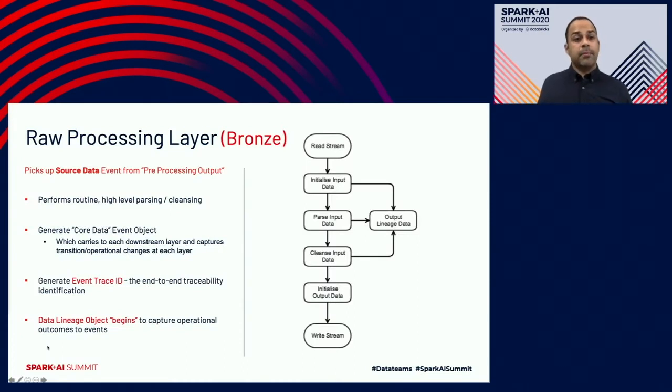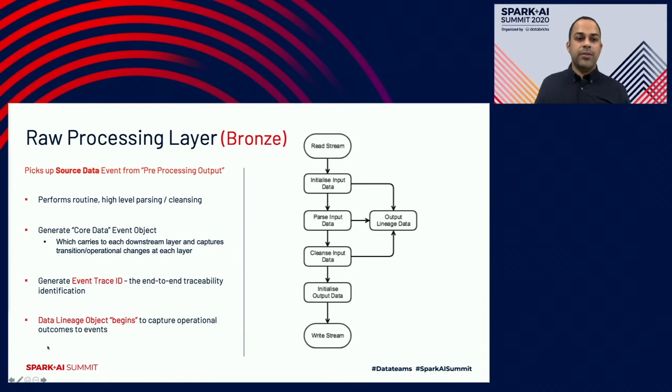Once pre-processing is complete, we then move on to our raw processing layer, or the bronze layer. Over here, we perform routine high-level parsing and cleansing of our data. Nothing specific to the entity itself, but we look at things like, is this file format correct, or is this even JSON, for example.